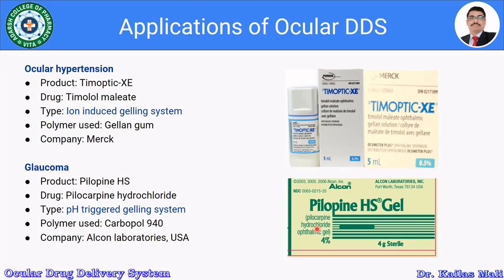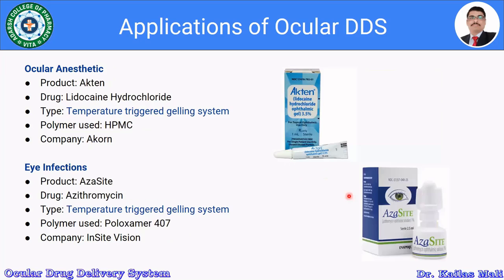It contains pilocarpine hydrochloride. It is a pH triggered gelling system. Here Carbopol 940 is used to prepare the gel, and it gets converted into a gel after instillation. It is developed by Alcon Laboratories, USA.